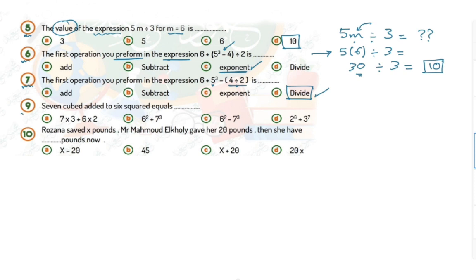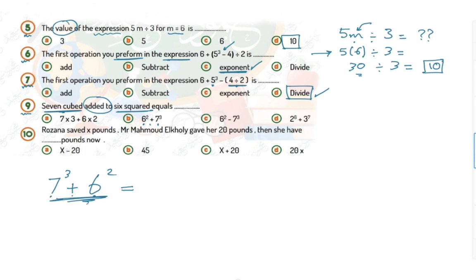Okay, point number 9: 7 cubed. What is the meaning of 7 cubed? Cubed means power 3. So 7 cubed, 7 to the power 3, added to, meaning plus, 6 squared. Any number squared is to the power 2. Now look at this expression: 6 to the power 2 plus 7 to the power 3.